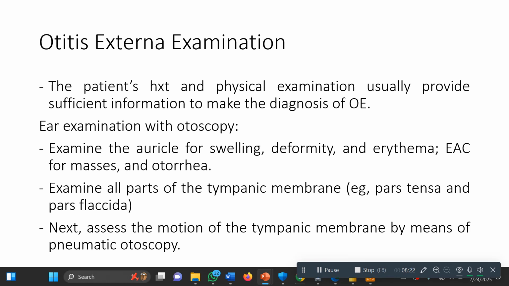Assessing the motion of the tympanic membrane by means of pneumatic otoscopy is also a very good examination procedure for these patients.